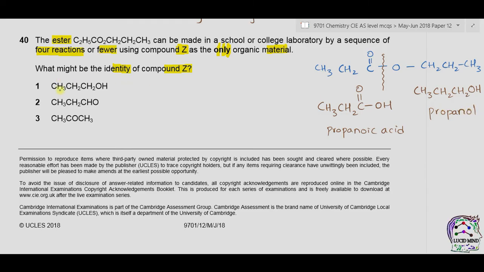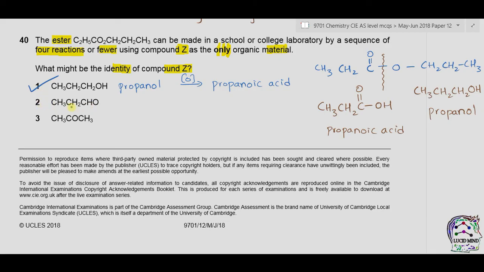Let's look into the options. First one is a 3-carbon alcohol, that is propanol. Now propanol can be oxidized to propanoic acid, and propanol will react with propanoic acid to form this ester.